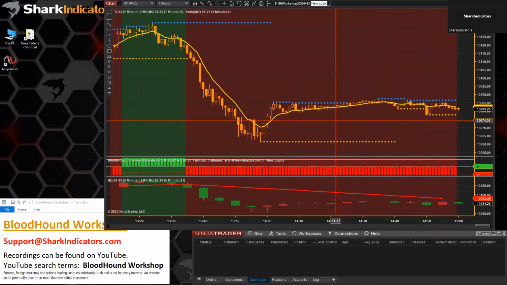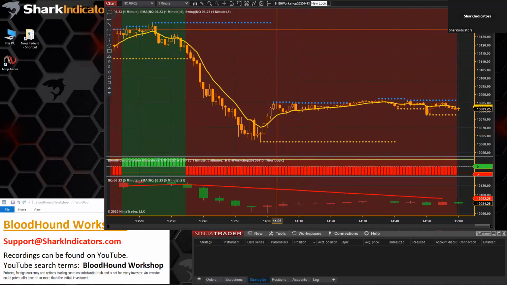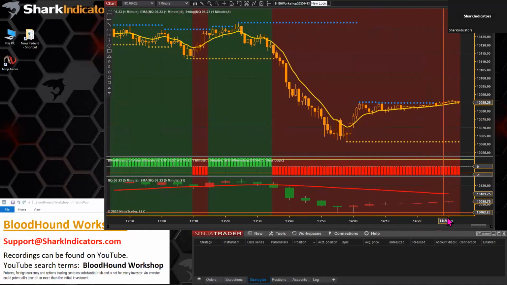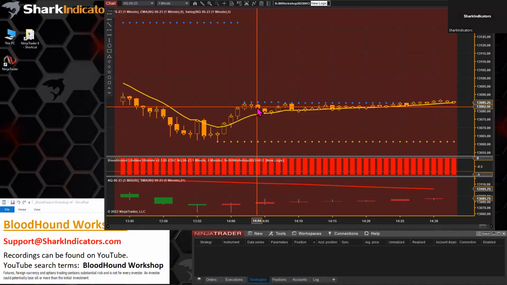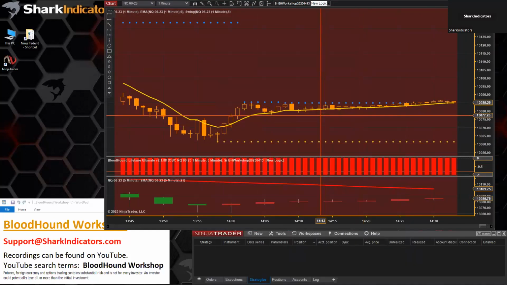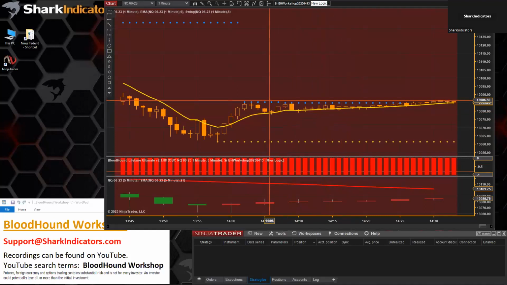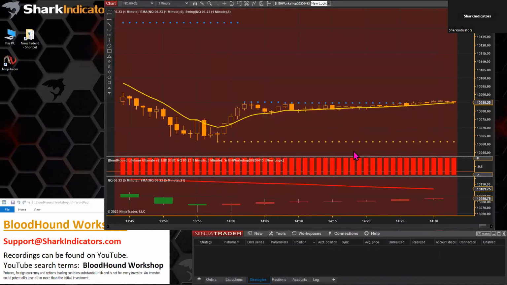All right, now that we have our trend filter, let's identify the break of the swing lines here. Let me make a couple of adjustments to my indicators. Let me turn off the auto scaling.